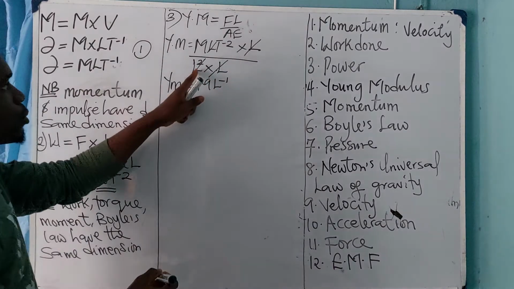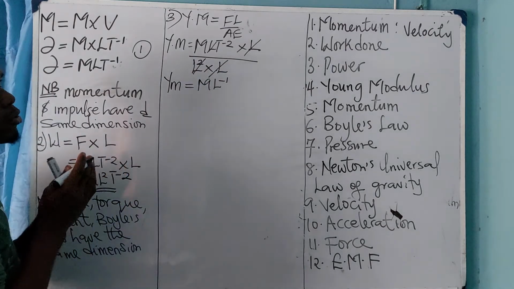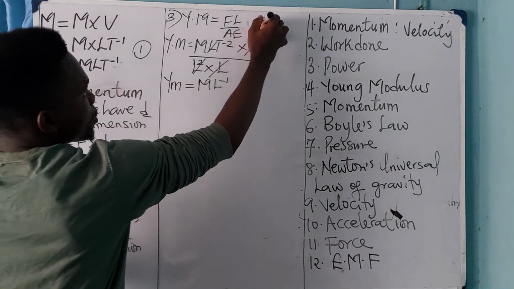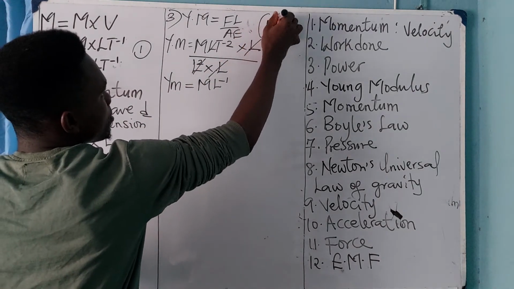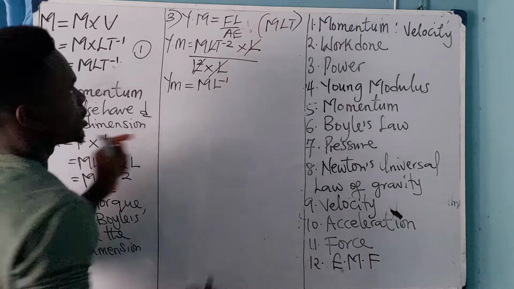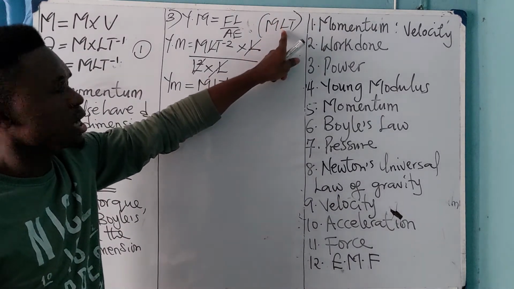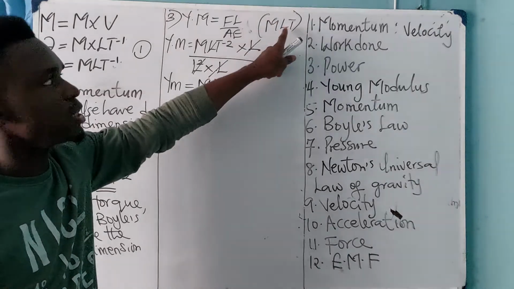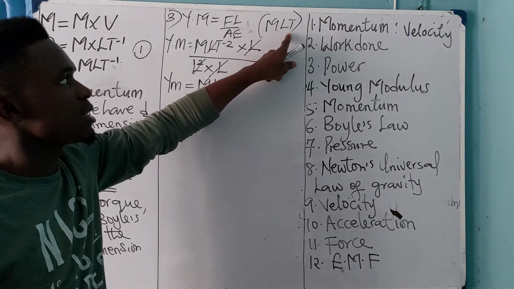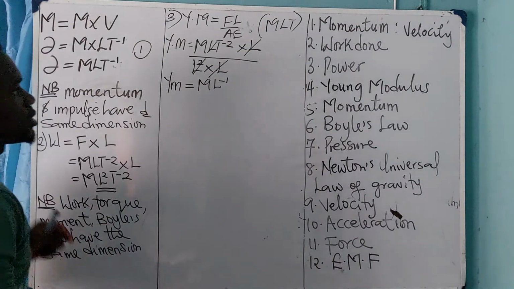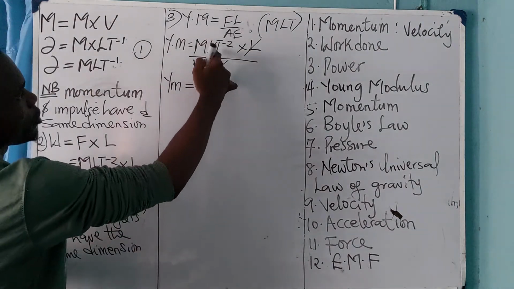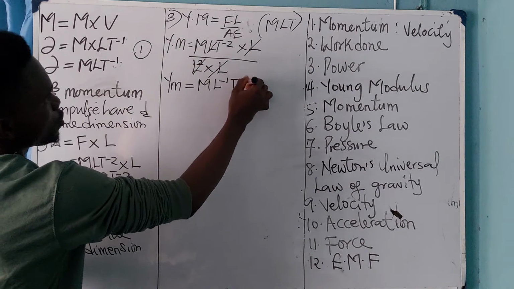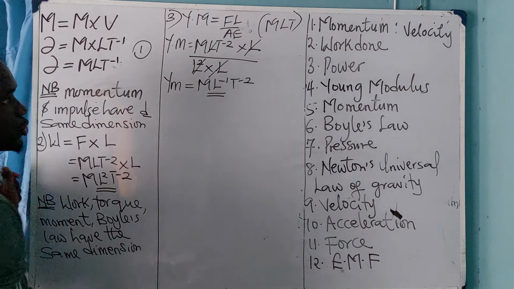As soon as it goes up, you know dimension, we follow a particular trend. Dimension is usually in MLT. The T does not come before the L, neither does the L come after the T. It's usually mass, length, and time. That is fundamental quantity. Then you now have T minus 2. So this is the dimension of what?